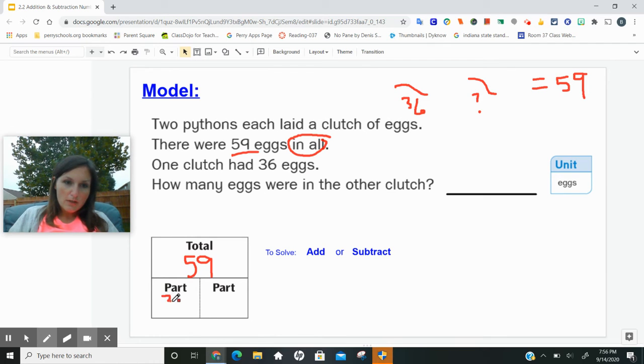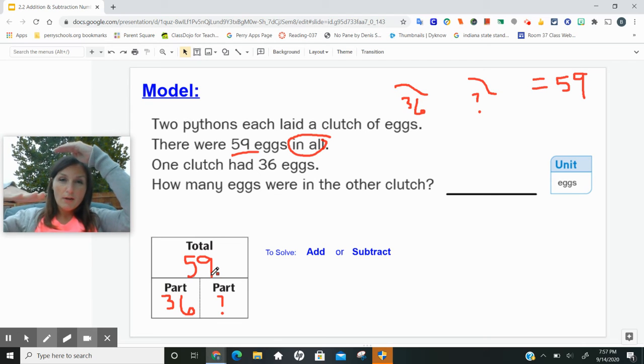I know that 36 is one of the snake's clutches. I don't know the other one. So that's where I'm going to put a question mark. Now, I remember from earlier that if I know the total and I know one of the parts, I'm supposed to do something. Am I supposed to add or subtract?